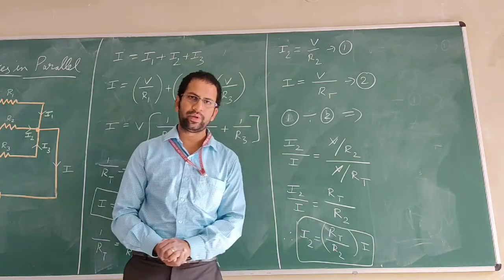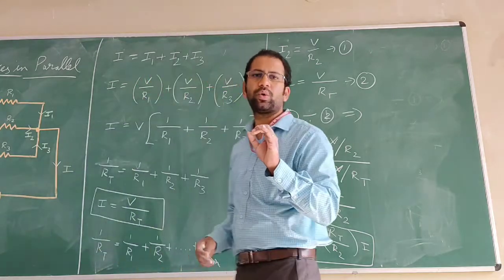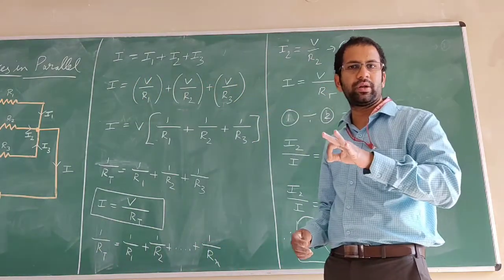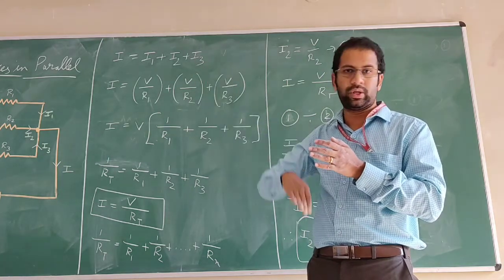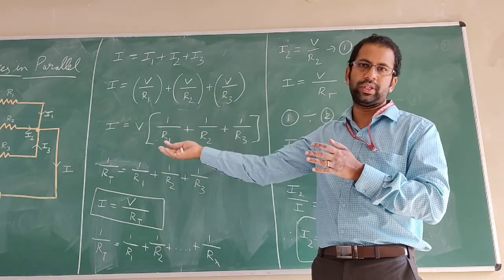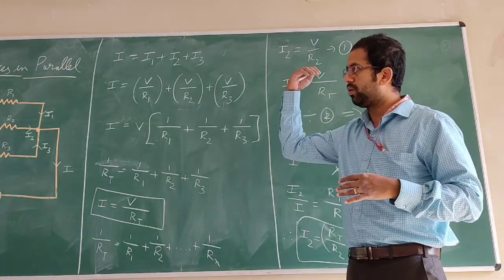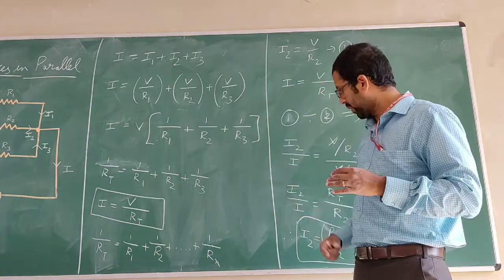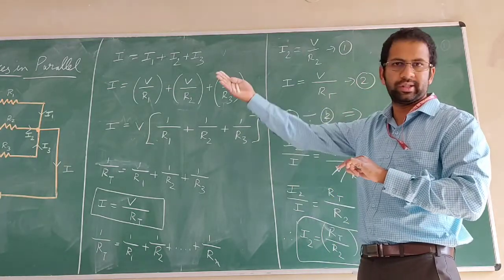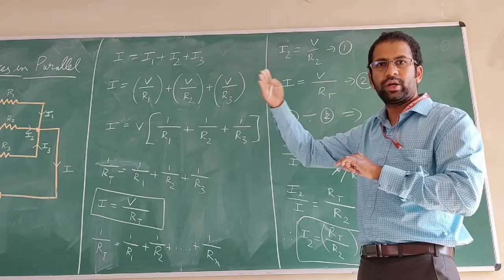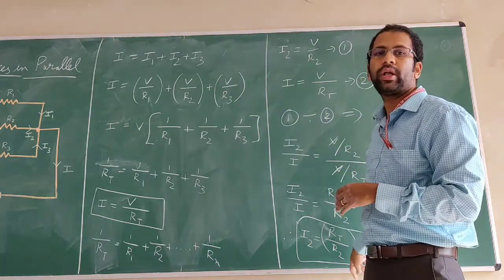That's it. This is the current divider. Voltage divider rule was: voltage across a particular resistance is the ratio of the value of that particular resistor to the total resistance into total voltage. Current divider rule, when you talk about parallel connection: current across a particular resistor is the ratio of the total resistance to that particular resistance into the total current.